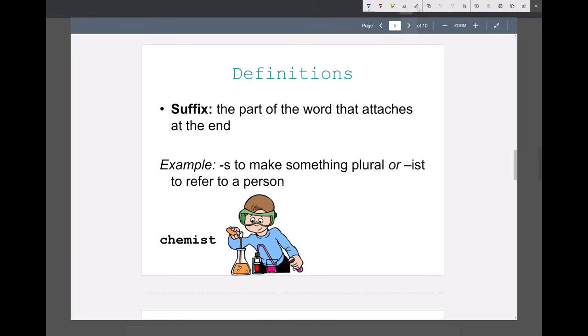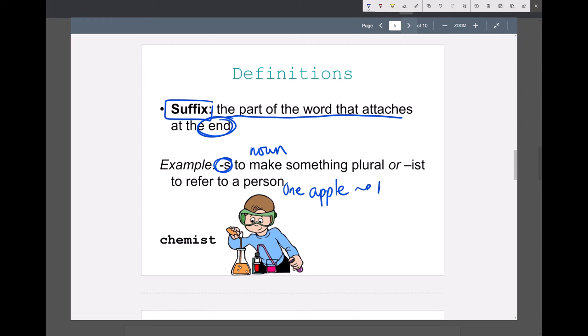The next word part is suffix. So a suffix is a part of a word that attaches at the end. So here's a simple example. You know this one. When you add an S to a noun, for example, apple, that's one apple.